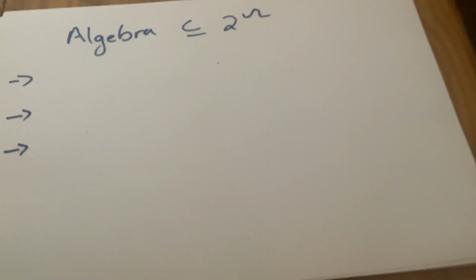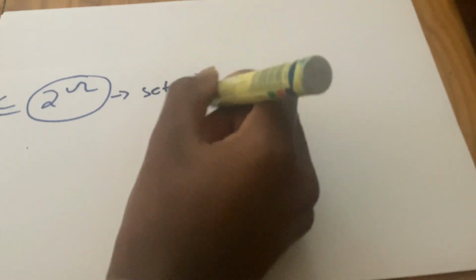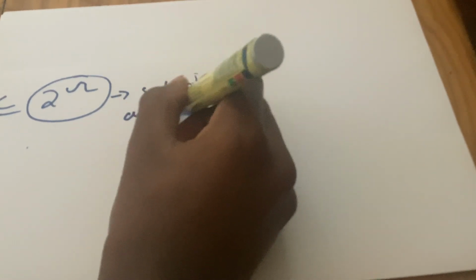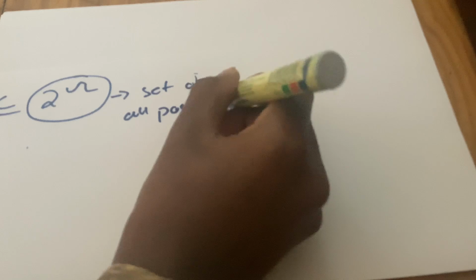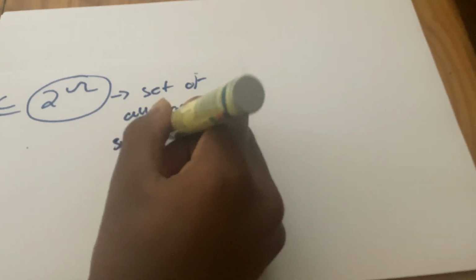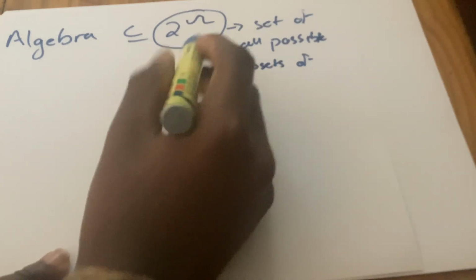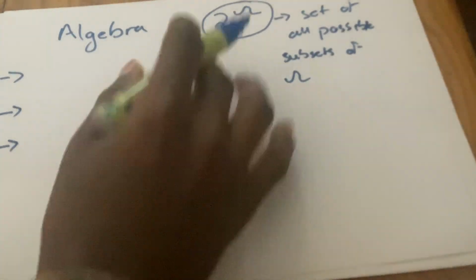But before we list those conditions, let's go to here so that there's no confusion. This over here is a set of all possible subsets of omega. We denote the power set by that symbol over there.